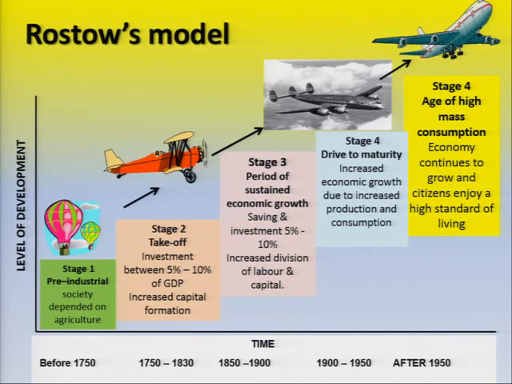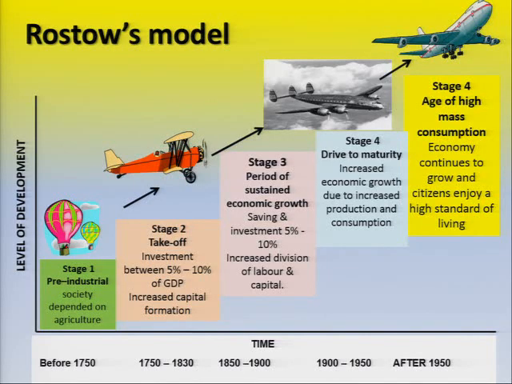Not only America, but many other Western countries, Germany, UK, it has taken them a very long period of time before they are where they are now. And they are now referred to as developed countries or first world countries. According to Rostow's model, it takes a period of time.